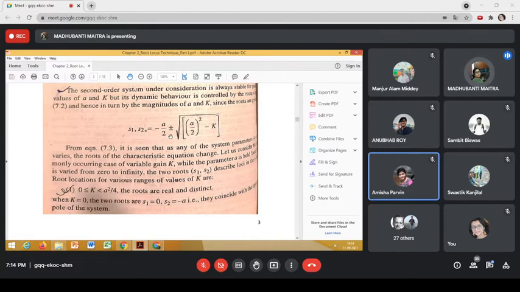But whatever the value of gain K beyond a square by 4, as you go on increasing K from a square by 4 up to infinity, the real part of the complex conjugate pole pair will not change. It's fixed at minus a by 2. So the sigma part of the complex conjugate root pair is not affected by the value of gain K. Am I correct?